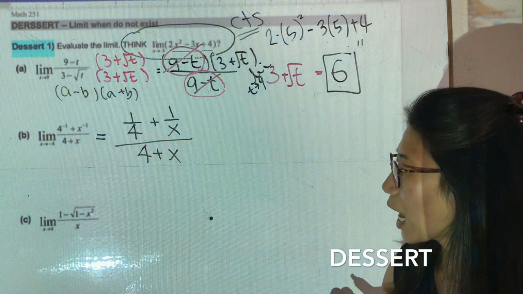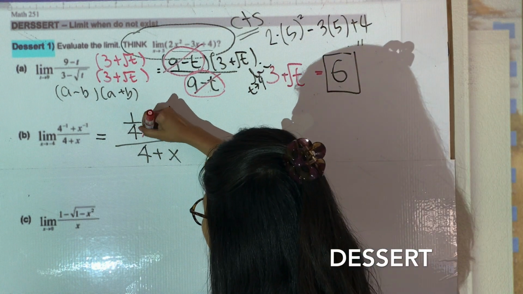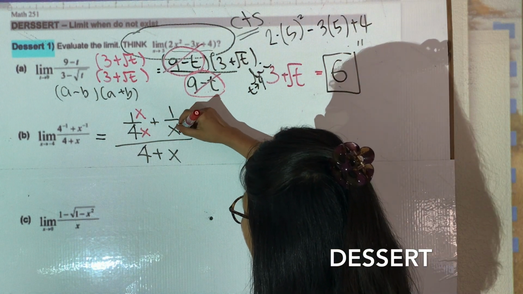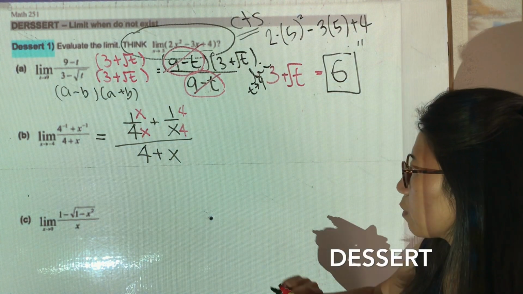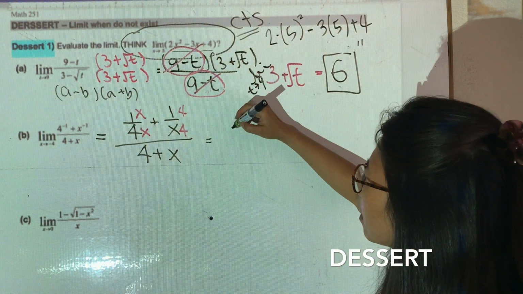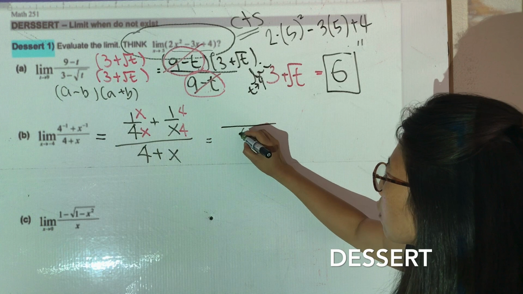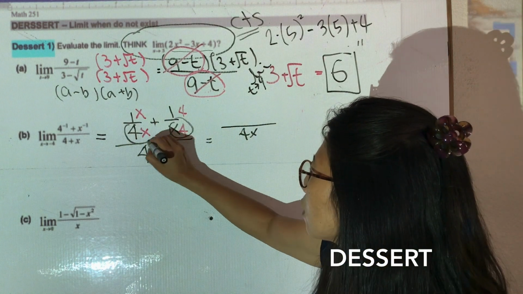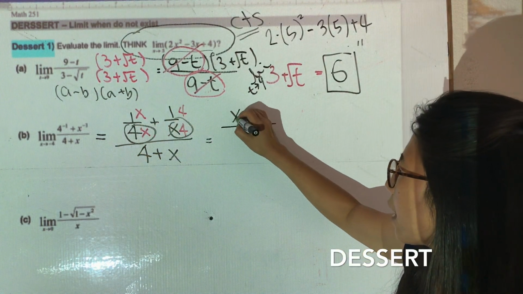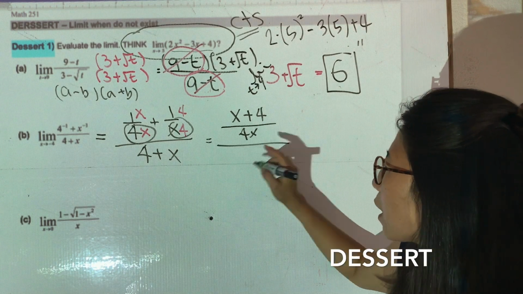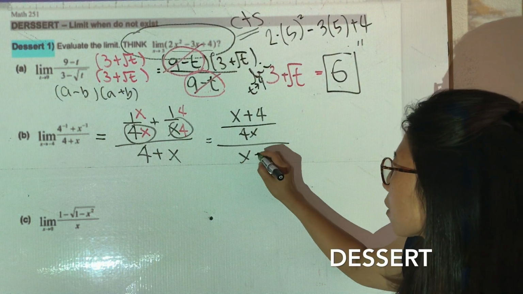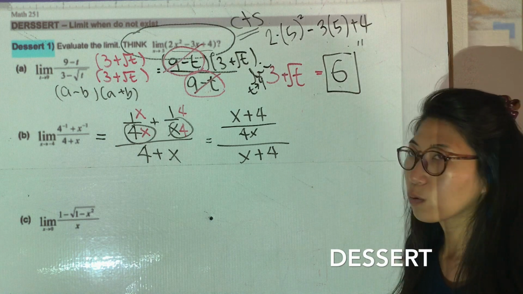Well, we gotta make a common denominator as we learned, multiplying x and x, multiplying 4 and 4. So let's see if I can manipulate a little bit. Then this turned out to be 4x as you see here. On top I'm going to have x plus 4, and on the bottom I'm going to rewrite x plus 4, and don't rush.